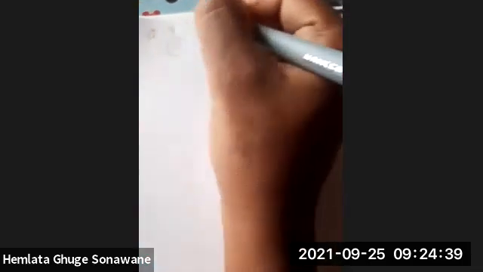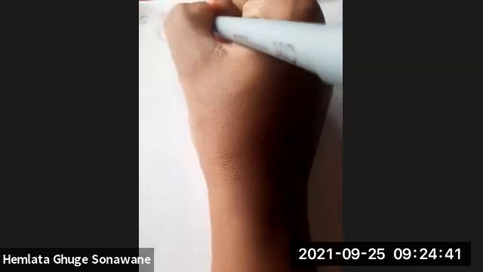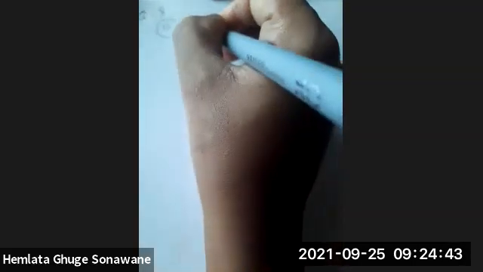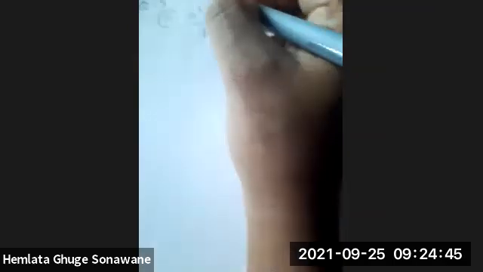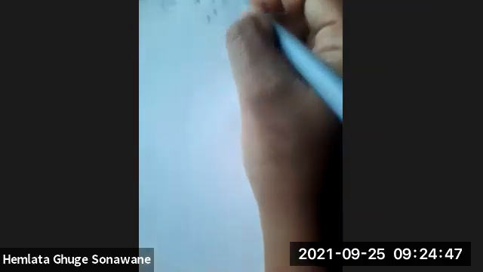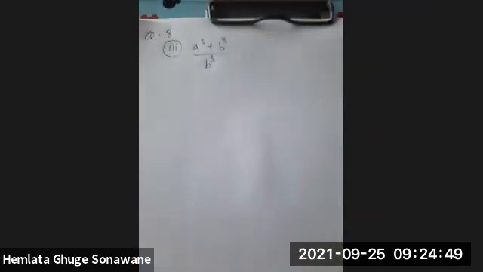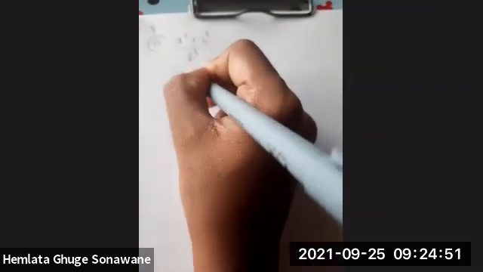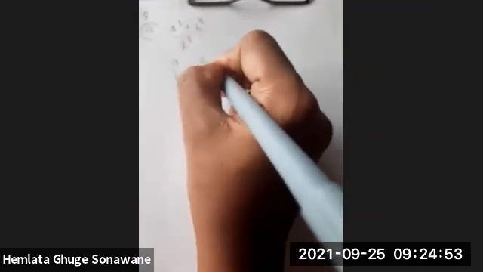Next example, third one of question number 8. A cube plus B cube upon B cube. We have to find out the value of this expression. Now what we'll do? A upon B is equal to 2 upon 3.